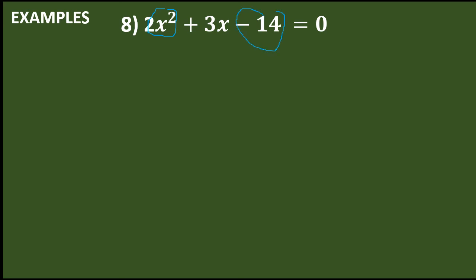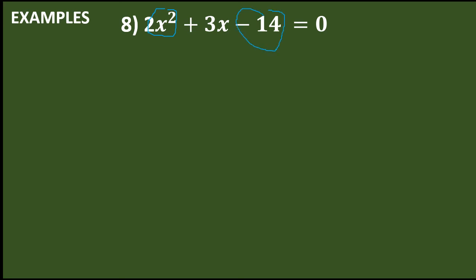Let us now proceed to our last example. We have 2x squared plus 3x minus 14 equals 0. In this case, we have coefficient 2. That is why the factors of 2x squared are 2x and x. What about negative 14?